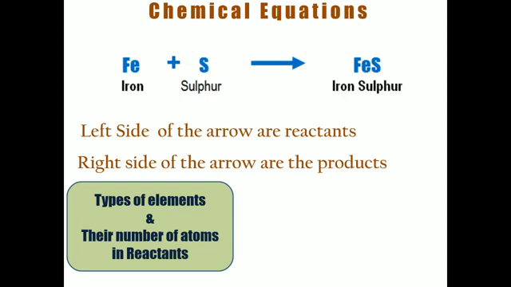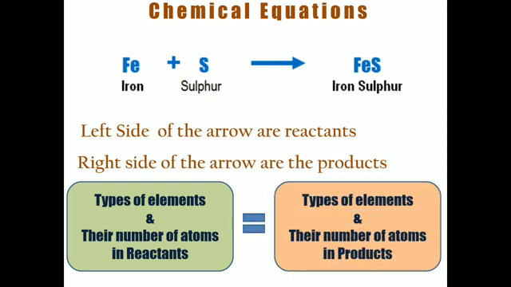This is the rule of a chemical equation: the types of elements and their number of atoms in the reactants remain the same on both sides. Otherwise the equation will not be called a balanced equation, it will be an unbalanced equation. So every time we write a chemical equation, we have to balance it also.